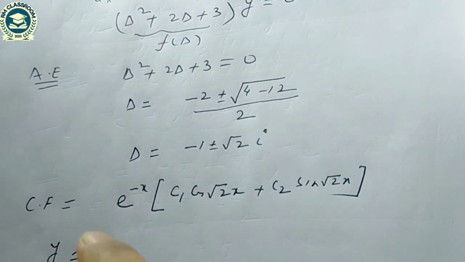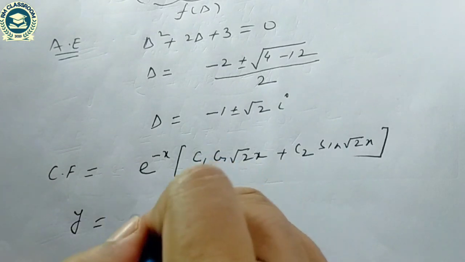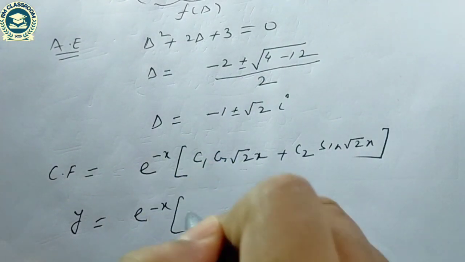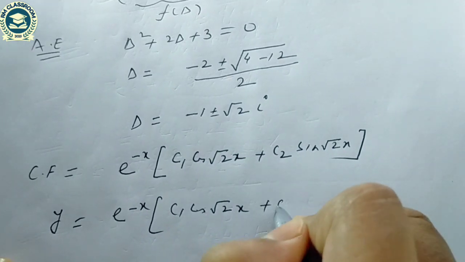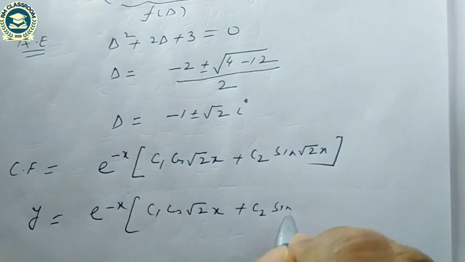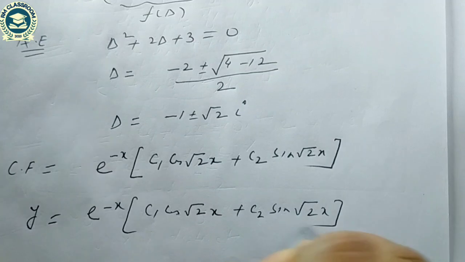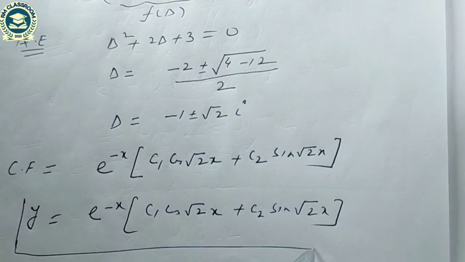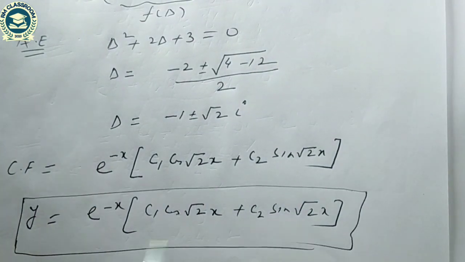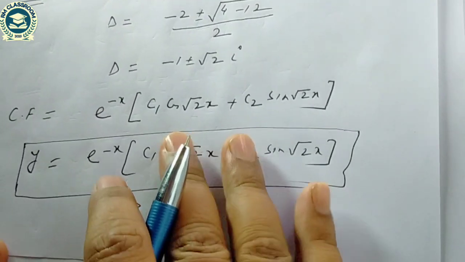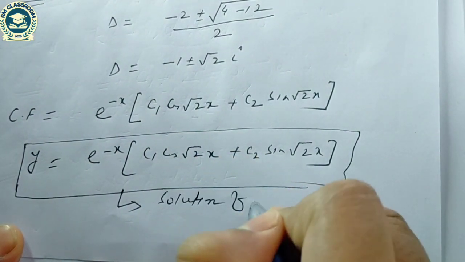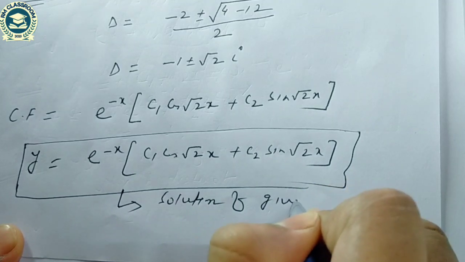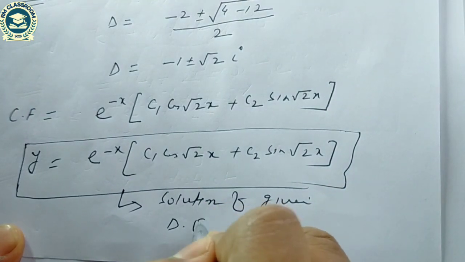If I write the solution, y is equal to e to the power minus x (c1 cos root 2 x plus c2 sin root 2 x) is the solution of the given differential equation.